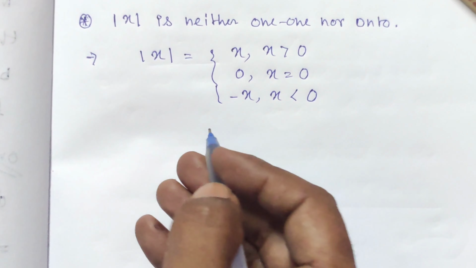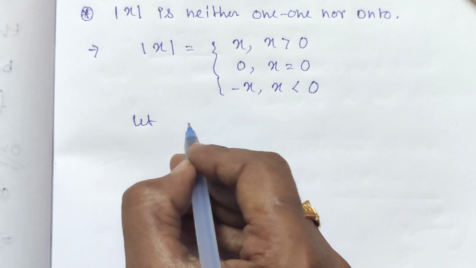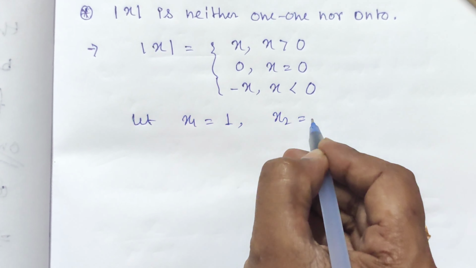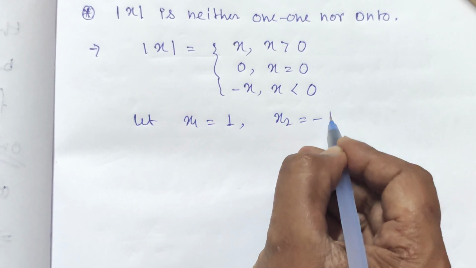Now look, let two different numbers be x1 equals 1 and x2 equals minus 1, and both are real numbers, right, and they belong to the domain set.